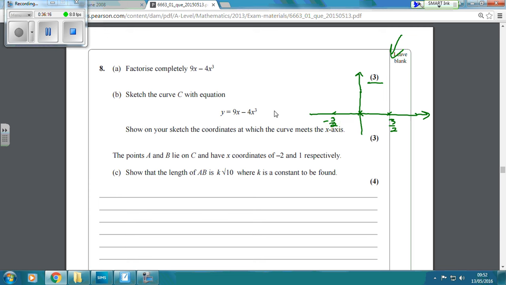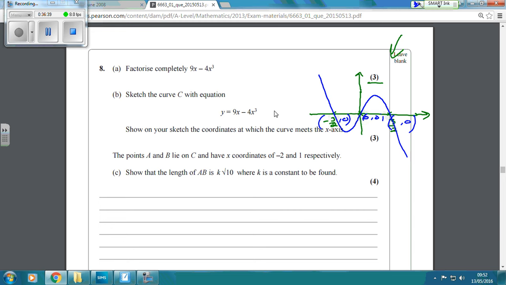And so we know that it goes down through there, up through there, and down through there. And you might need to just say that it goes through at 0 as well. Label your coordinates, so 0, 0, just as overkill, that 0, and that 0.